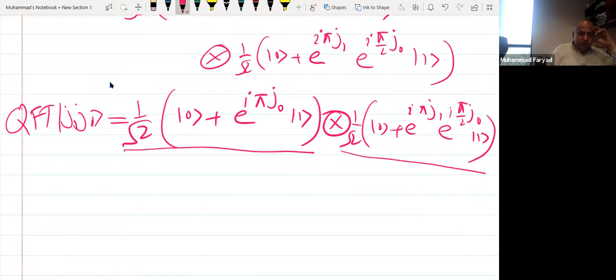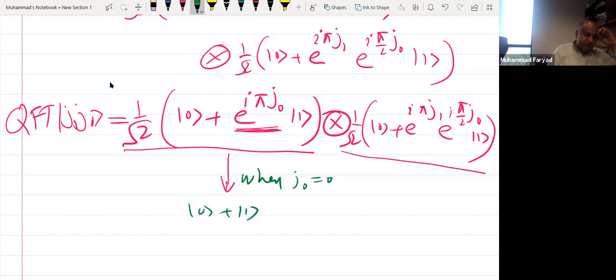Now, before we go to do that, let's think about what circuit gives a phase pi. So this term means that when j naught, let's concentrate on this one. When j naught is 0, you should get |0> plus |1>.